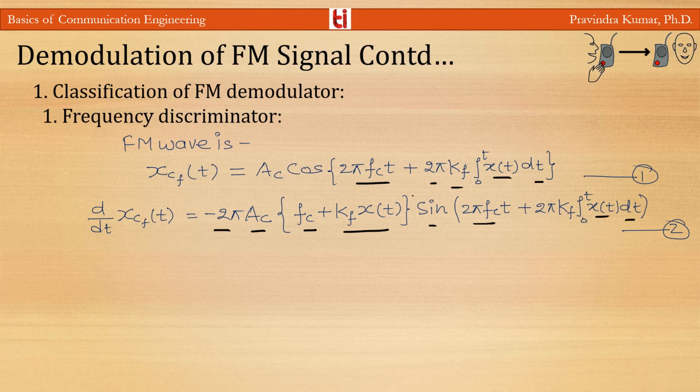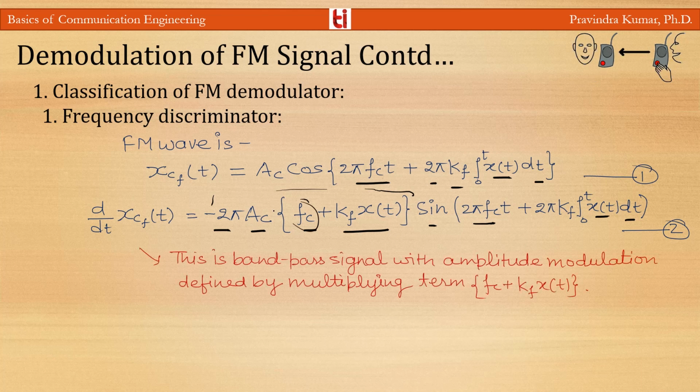Here the amplitude of the signal is varying with x(t), and from this equation we can see that the derivative is a band pass signal with amplitude modulation defined by the multiplying term fc + kf x(t). Consequently, if fc is large enough such that the carrier is not overmodulated, then we can recover the message signal x(t) with an envelope detector in a manner similar to that described for the AM signal.